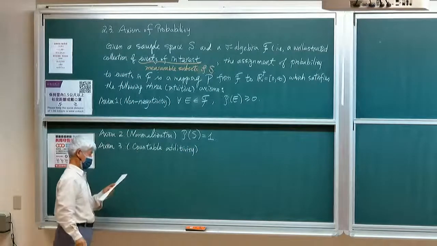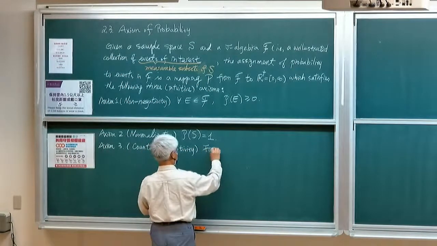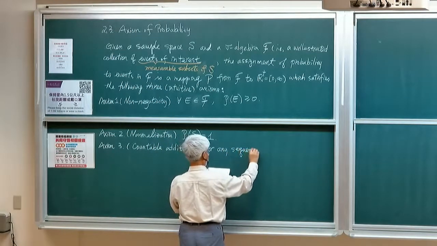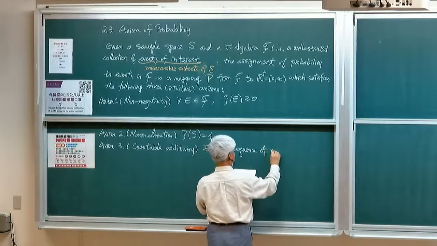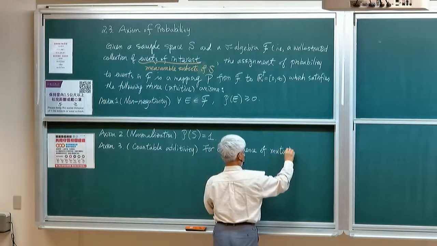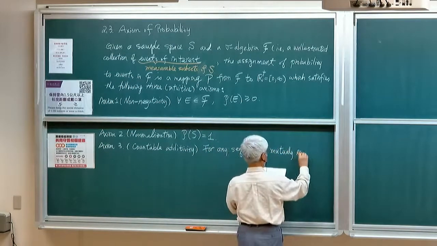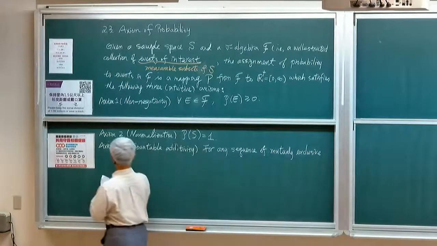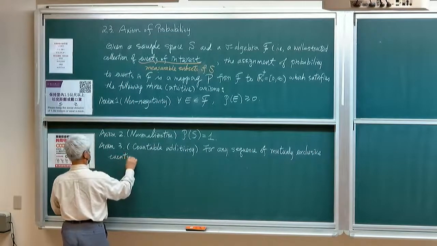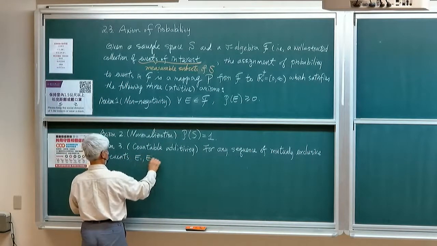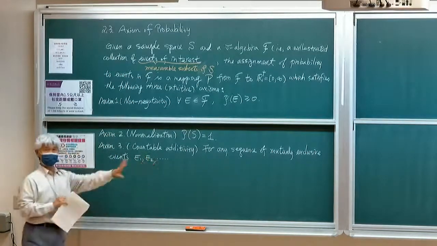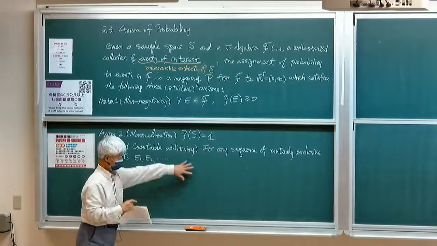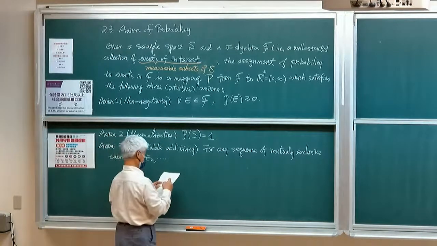Okay? So for any sequence of mutually exclusive events E1, E2, so it's a sequence. So it's countable, maybe infinite, but it's just a sequence.